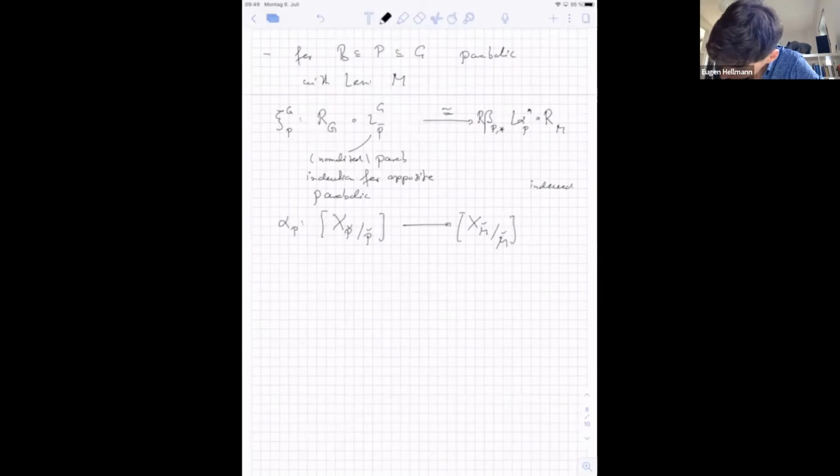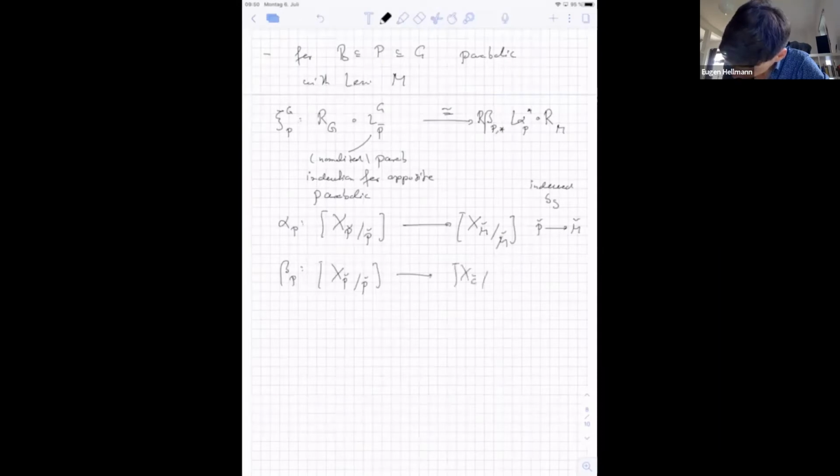And this is certainly just induced by the fact that you have a map from the parabolic to the Levi, the canonical projection, which induces something on phi n modules. And you have a map beta, which again goes from this guy, and now you go to the group G itself, and this is certainly just induced by the inclusion. Okay, so you take this RM and you end up with sheaves here.